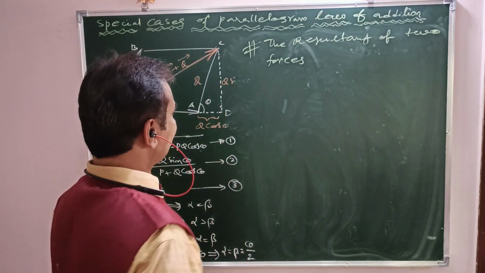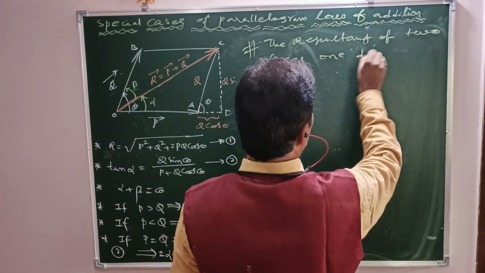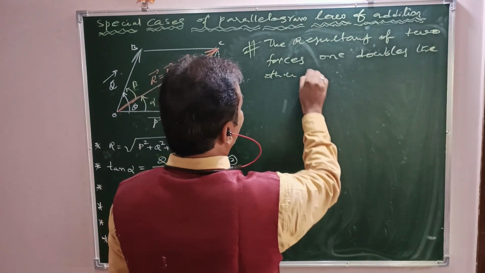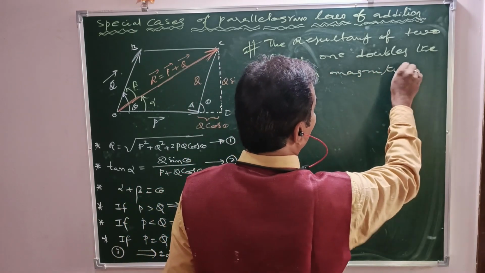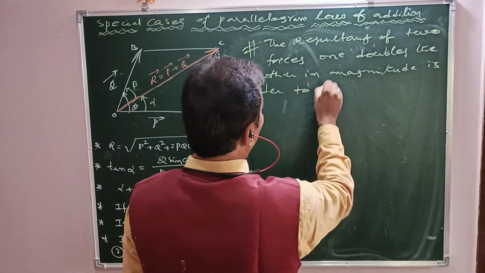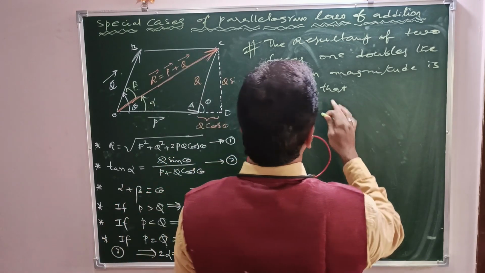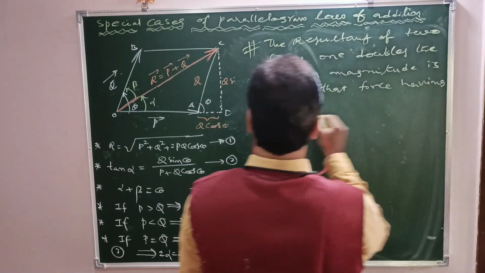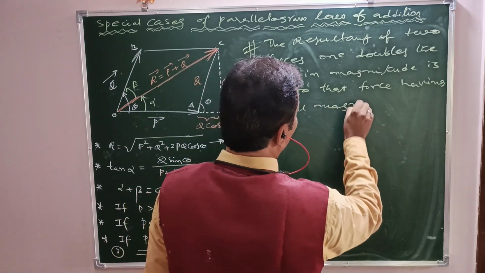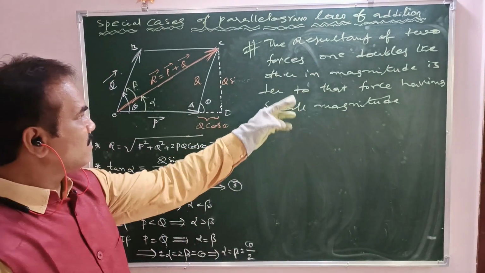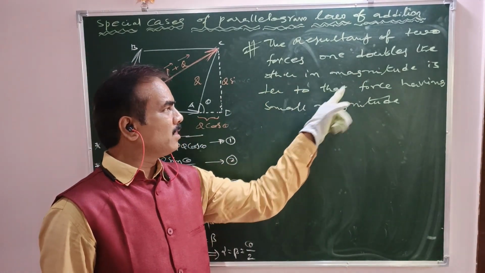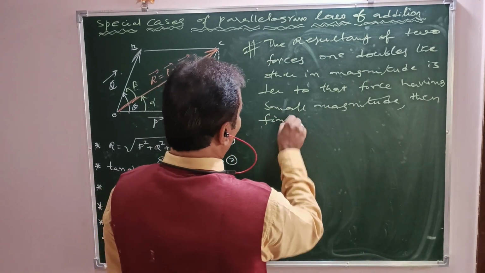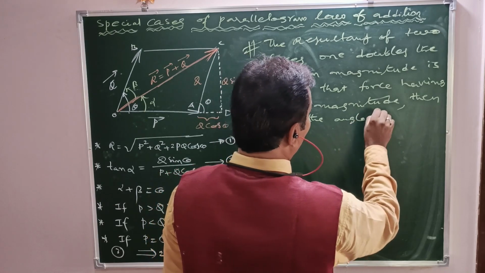The resultant of two forces, one double the other in magnitude, is perpendicular to that force having smaller magnitude. Then find the angle between the forces.